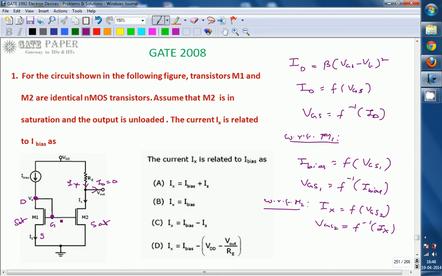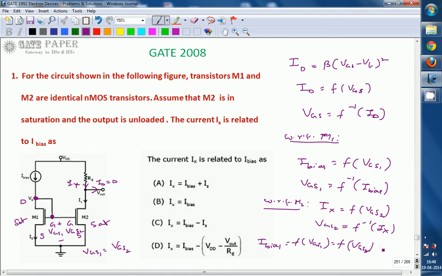This is the gate of M2 and this is the source of M2, which is VGS2, whereas this is VGS1. Both are at the same terminals. VGS1 and VGS2 refer to the same terminals, so VGS1 is equal to VGS2. Whenever VGS1 is equal to VGS2, I bias is a function of VGS1, which is the same as a function of VGS2.